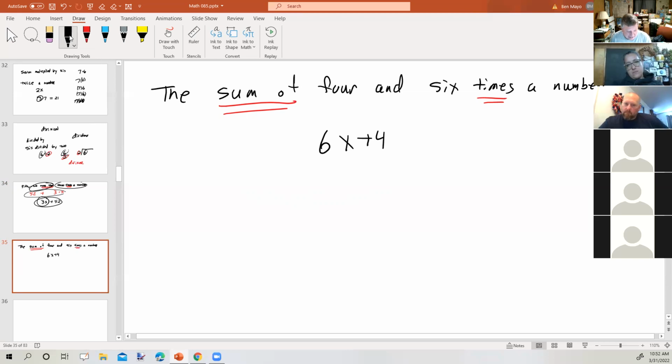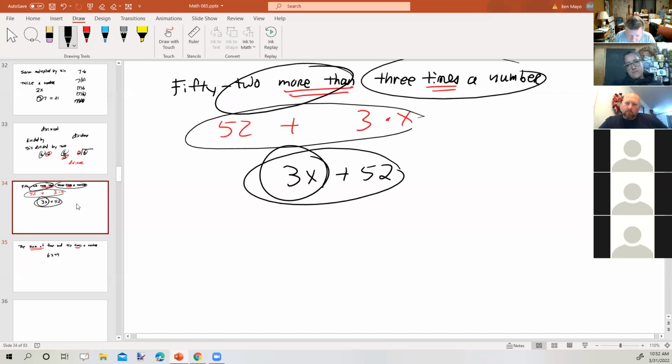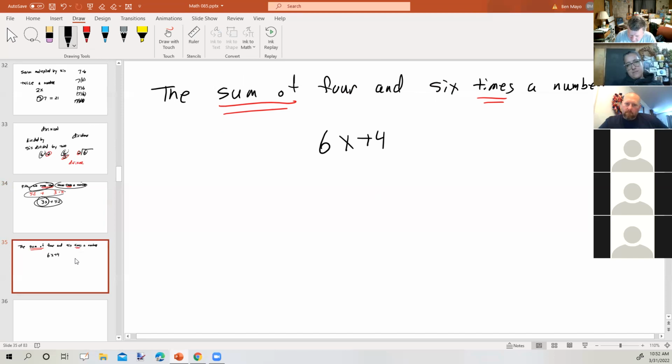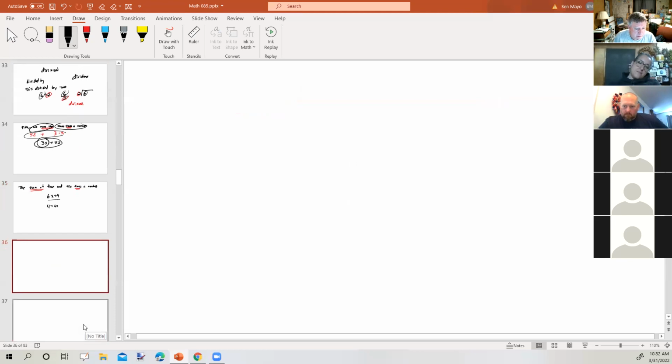Now, in this case, because it's not saying more than something, it's just saying the sum of this and that, if you wrote it this way, that would be perhaps a more literal translation. But again, they're both correct. Okay. Not trying to confuse you. Addition is commutative, so we can take those two expressions, the 6x and the 4, and interchange their order. All right. How about this?